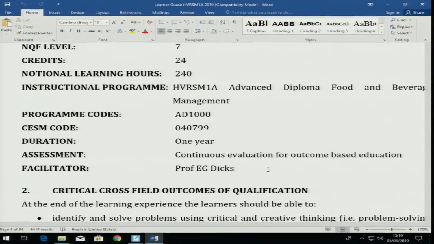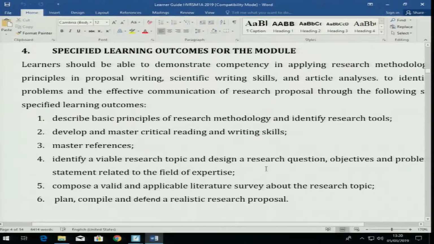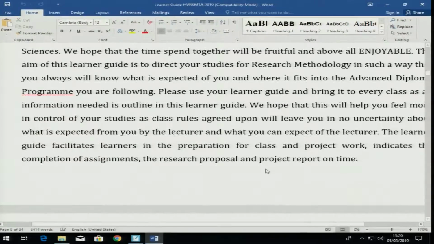You are welcome to email me and book a consultation with me, because I'm not always in my office. I might go to some meetings, so if you have an appointment, I will honor it during my consultation hours.